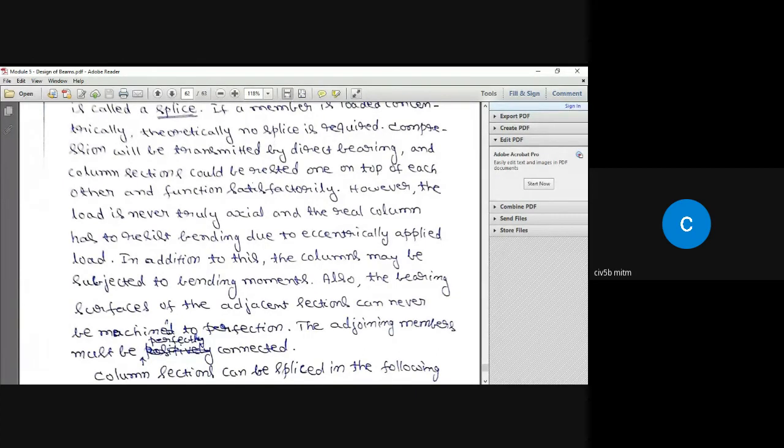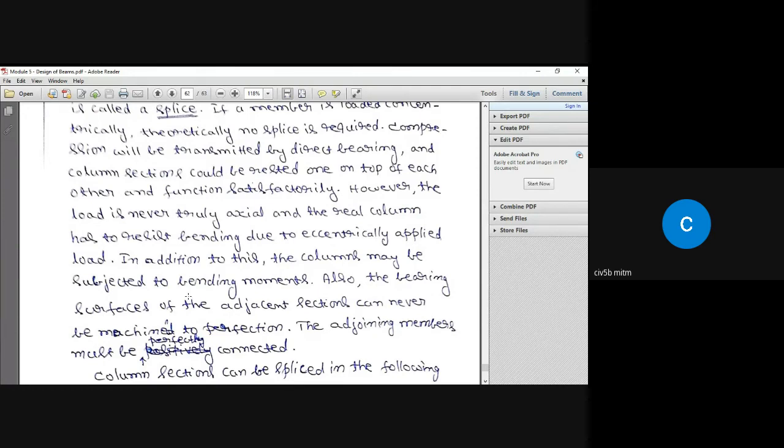In reality, all the columns will be subjected to axial load and some magnitude of moment. To take care of that moment, we connect the lower column with the upper portion of the column using splicing, and we design those splice plates for compression load. Design you don't have to worry about because it is not in your syllabus.